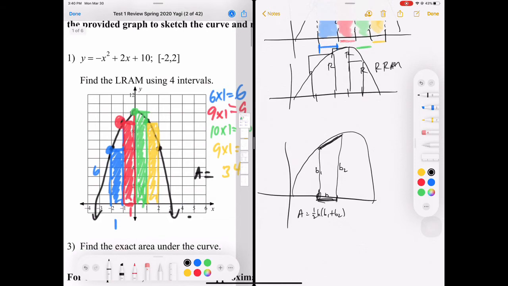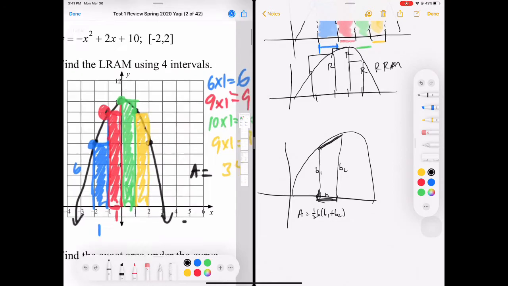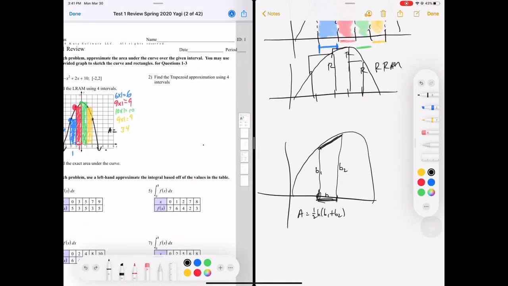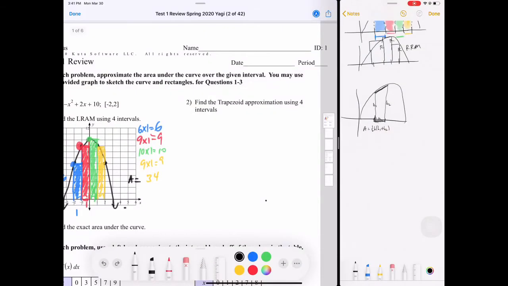Just going back here real quick, looking at it, we're going to say, hey, what's my trapezoid? What's my trapezoid? What's my trapezoid? And we're going to do that instead. So let's go ahead and use our equation here to talk about that trapezoid. So our problem is going to be find that trapezoid approximation. So we're going to take our first value.